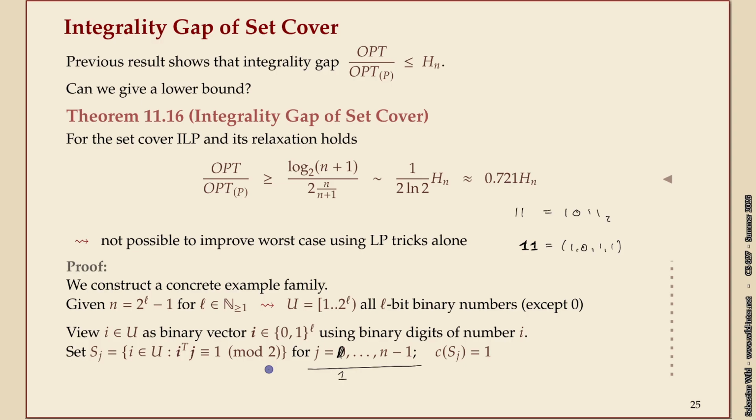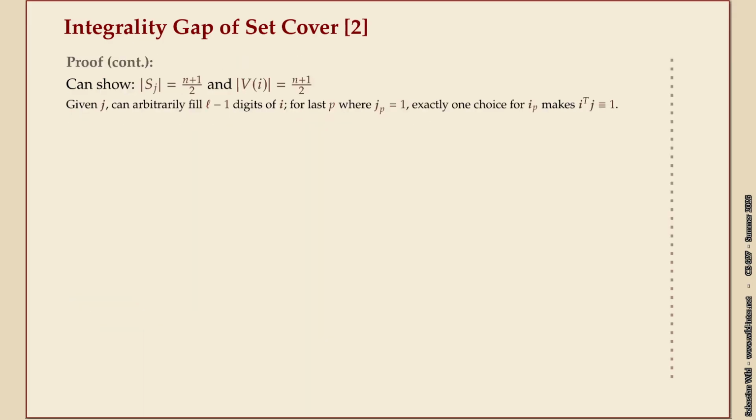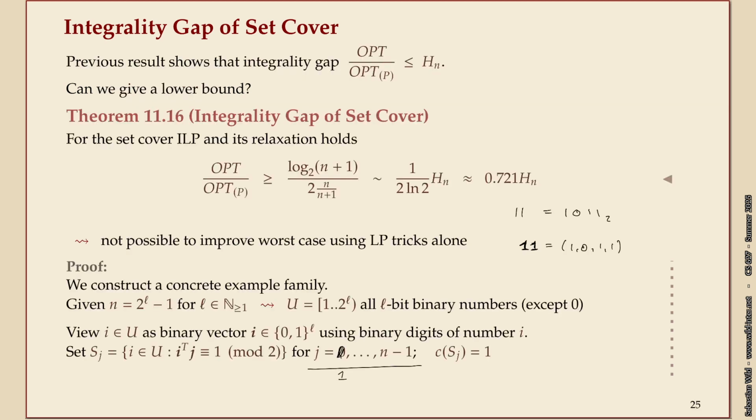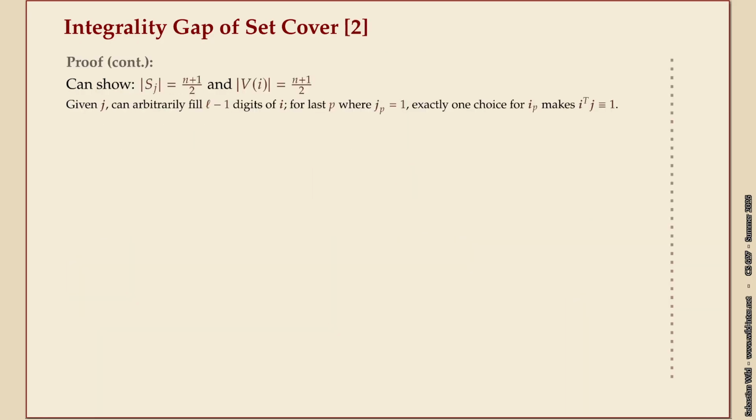And if you take modulo 2, you're just asking, is this odd or even? It's maybe a strange definition, but you'll see in the proof why it's useful. The cost for all the sets will be identical. So the whole thing has a lot of symmetry, which is on purpose. The size of each of these sets is exactly (n plus 1)/2, or maybe nicer to write 2 to the L minus 1.